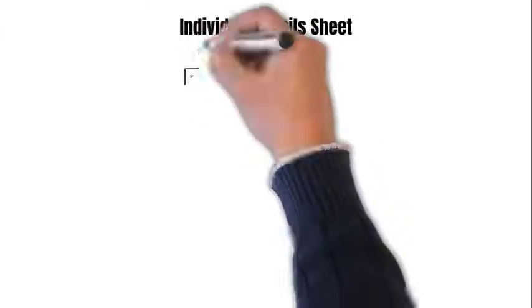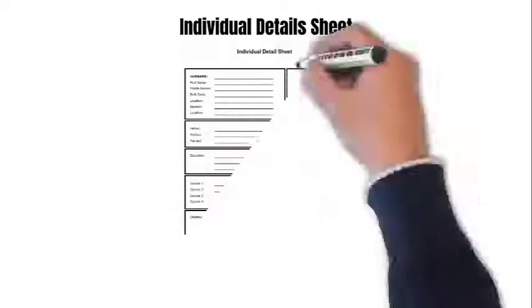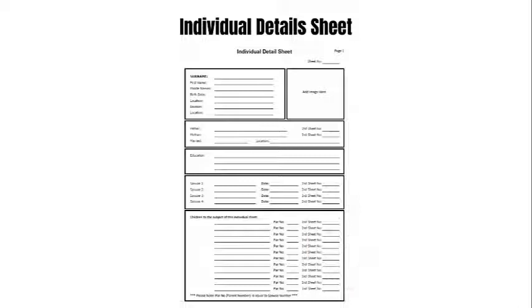Individual Details Sheet. An individual details sheet keeps all your biographical information on your ancestor in one place. Information on the sheet includes military service, immigration, occupation, marriages, as well as birth and death information.